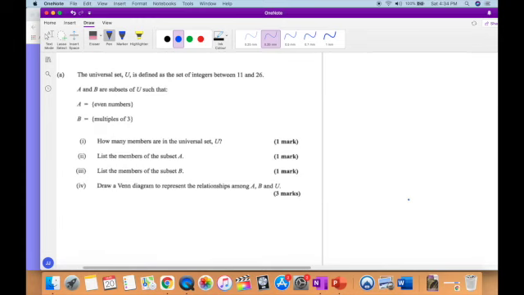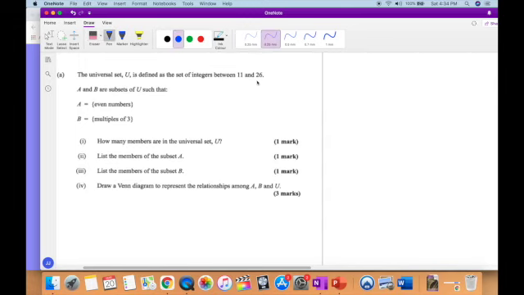So the universal set U is defined as a set of integers between 11 and 26. And I don't like their wording because I'm not sure if it includes 11 and 26. They just say the word between, you know? So I'm going to, between means not including.